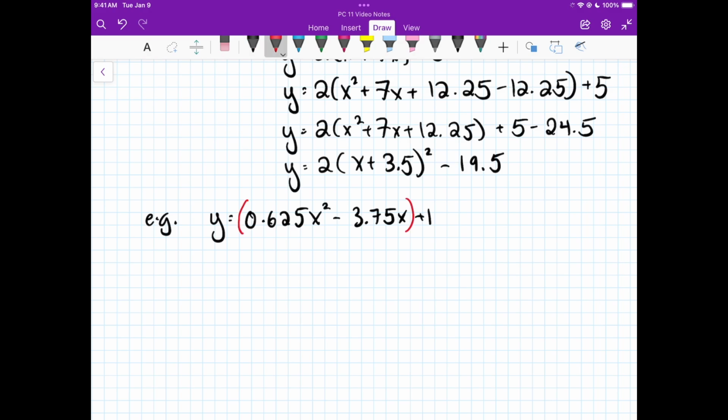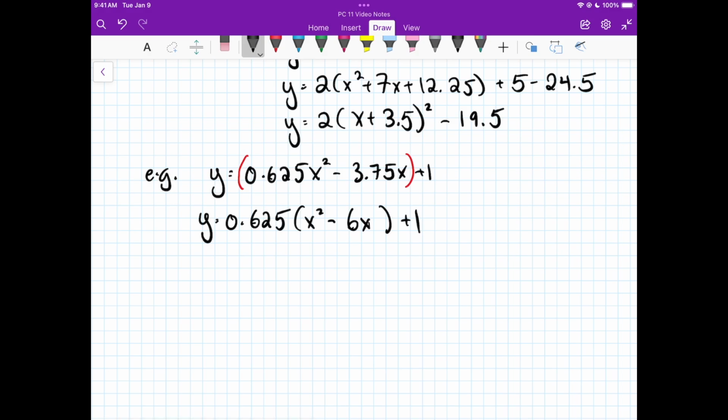So in this case, it looks pretty gross because it's a decimal, but we're still going to go through and take 0.625 out, which means we need to divide both of those first two coefficients by 0.625, which is going to get us x squared. And then the second one actually ends up working out really nicely. 3.75 divided by 0.625 just gets us 6x, then plus 1.